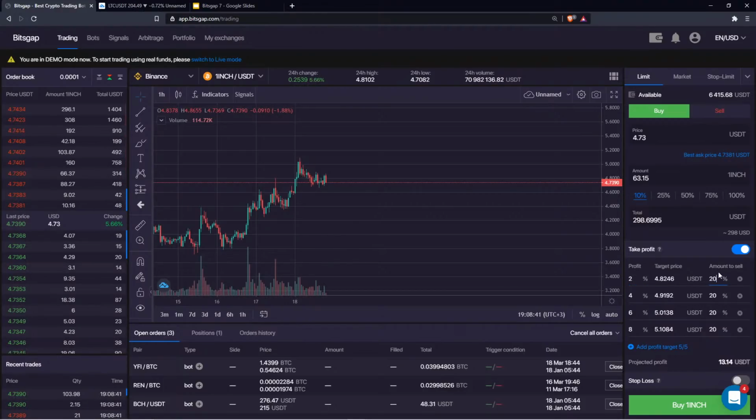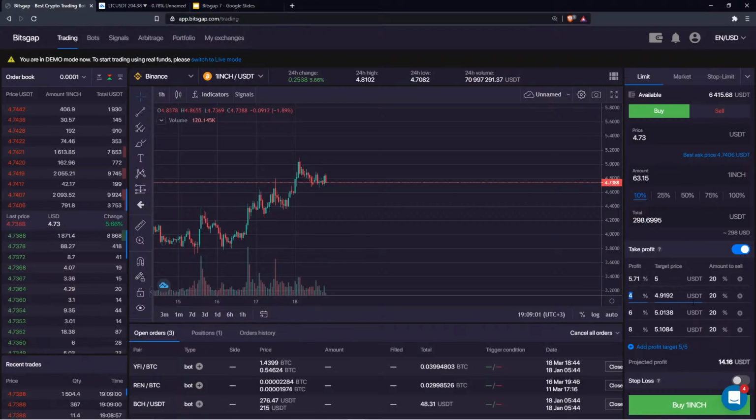Let's say you want to sell 20% of your entire position as soon as the price reaches 5, which is somewhere over here in this area. And that exactly corresponds to the growth of 5.71% from the current price.